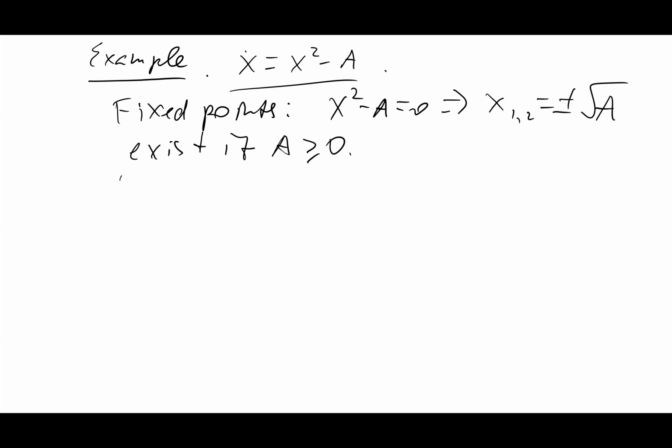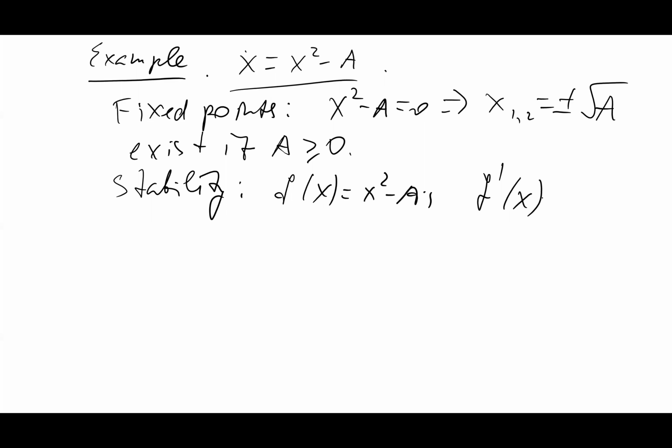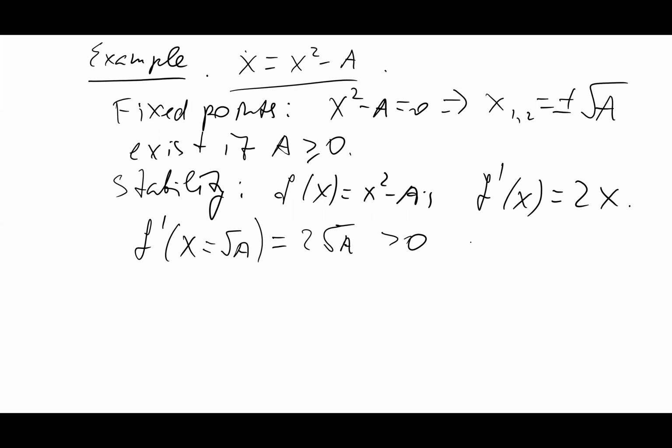And for stability, we have this function f of x, which is x squared minus a. We find its derivative, which is 2x, and then find the derivative of f when x equals square root of a, and this will be equal to 2 times square root of a, positive.